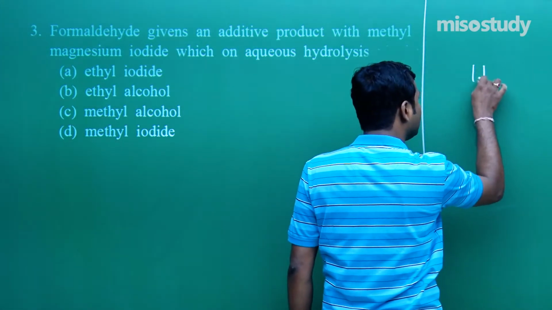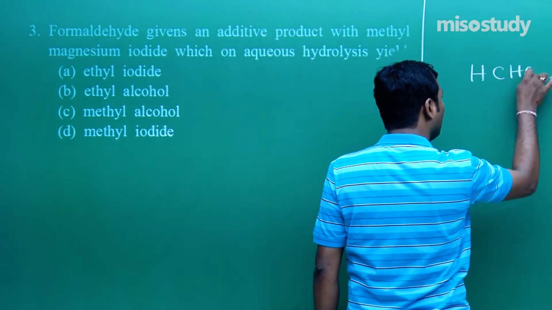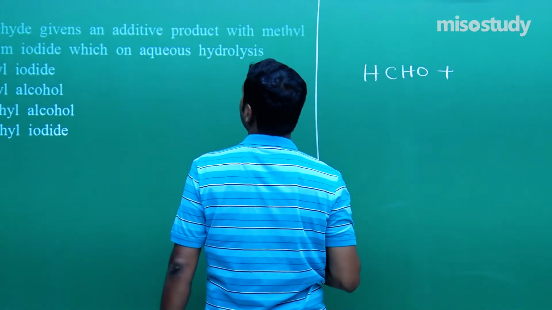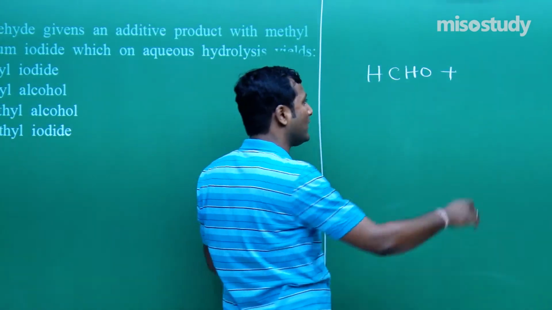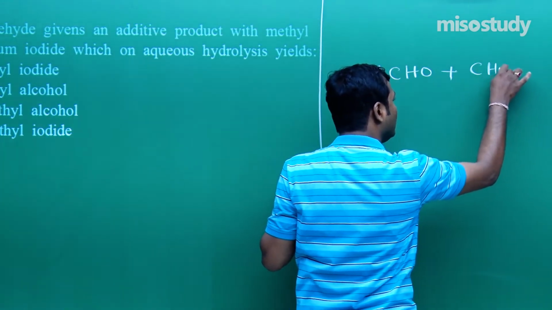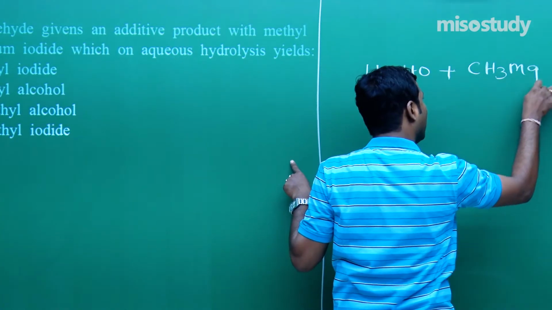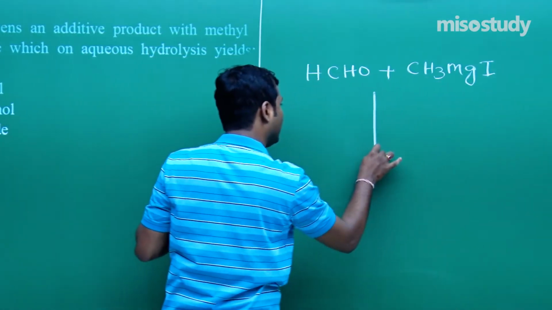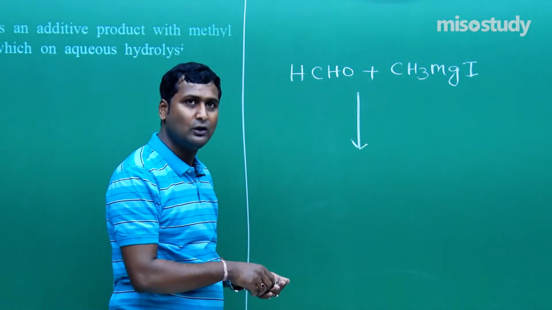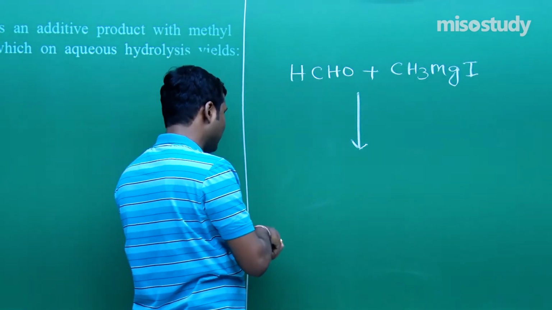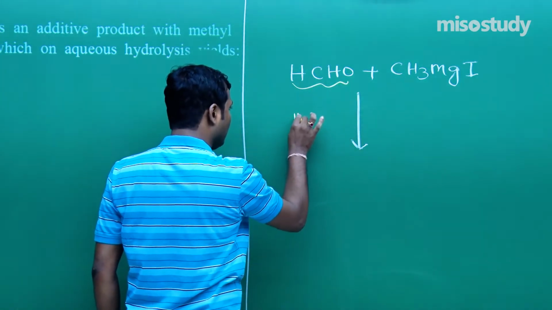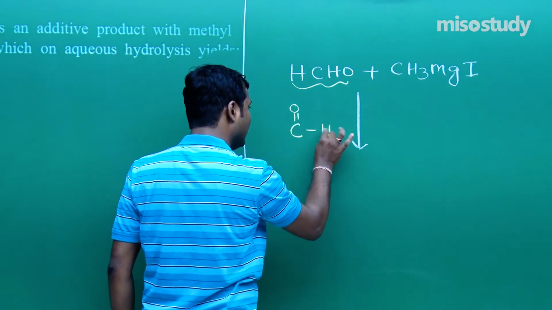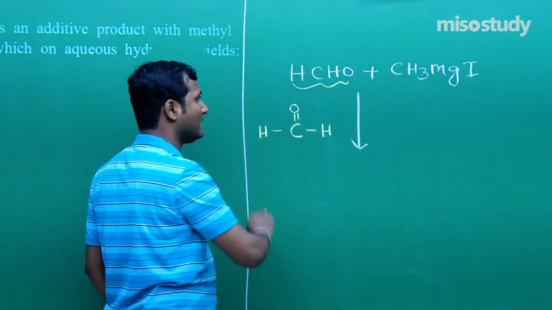Formaldehyde, that is HCHO, on reaction with methyl magnesium iodide, CH3MgI. Write down the product. What will happen? It can be written like this: C double bond O, this one is H and this one is H.